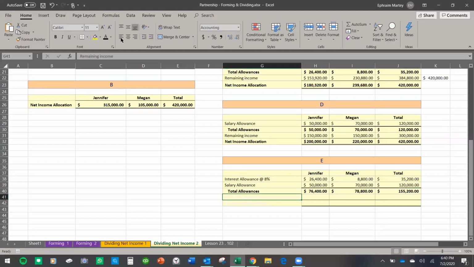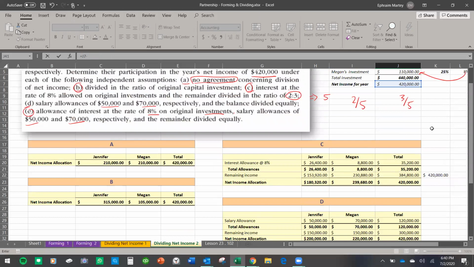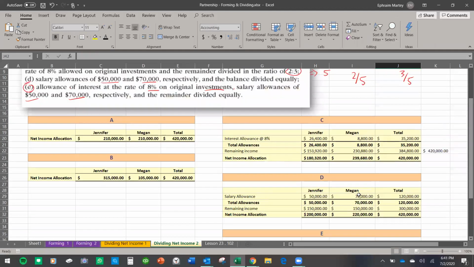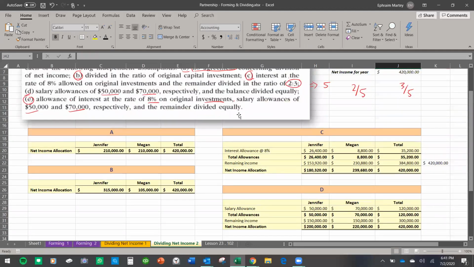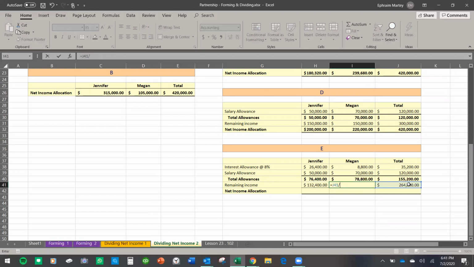So how do I find the remaining? The remaining is I take the net income, 420,000, minus how much I've already allocated to them. So that is my remaining. And the remaining is divided equally. It says here remainder divided equally. So I take the remainder divided by 2, because 2 is equal. And I take this one divided by 2.